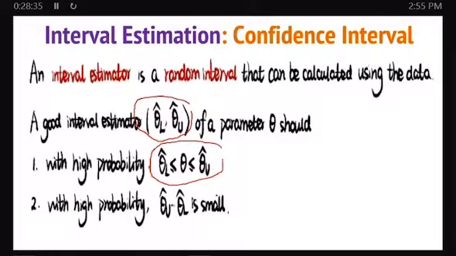And not only that, we don't want a wider interval, like the one I gave you the other time, where I said I'm 100% sure your score is between 0 and 100. Oh my God, that is too wide. So we need a narrow one.